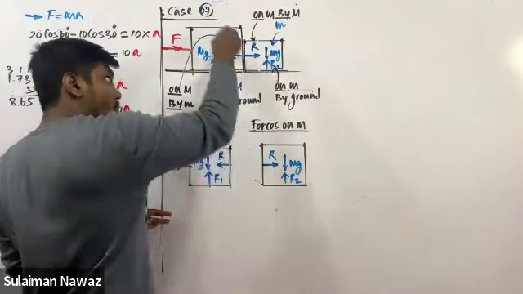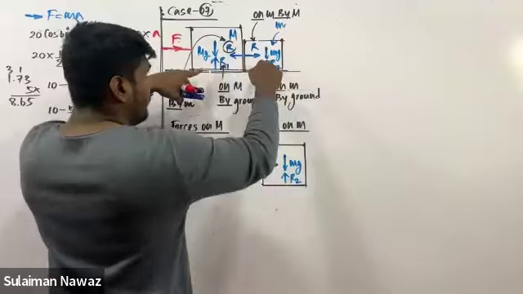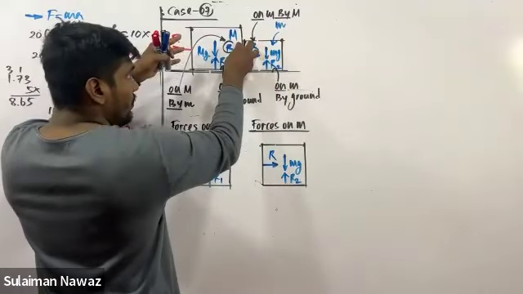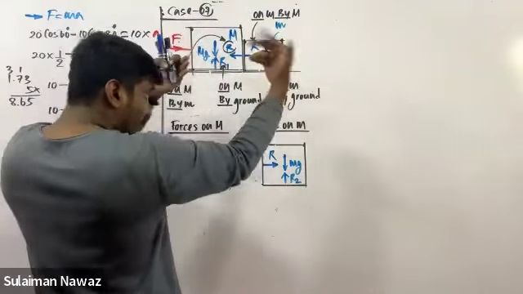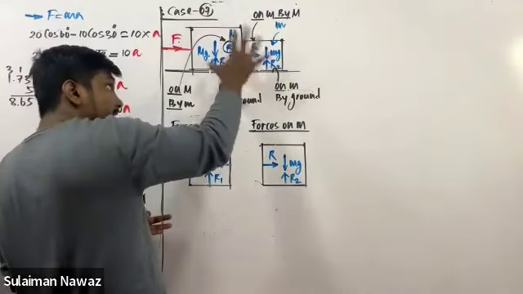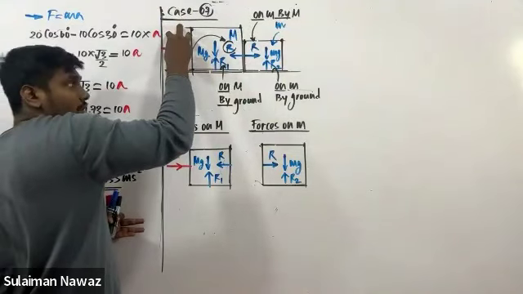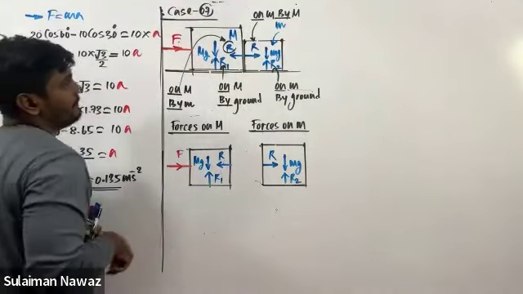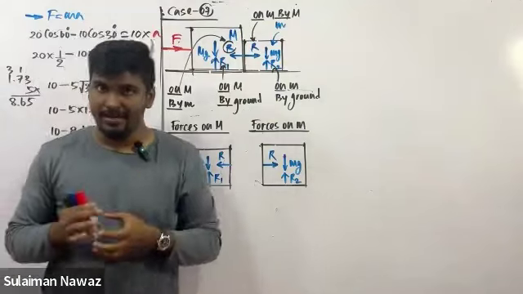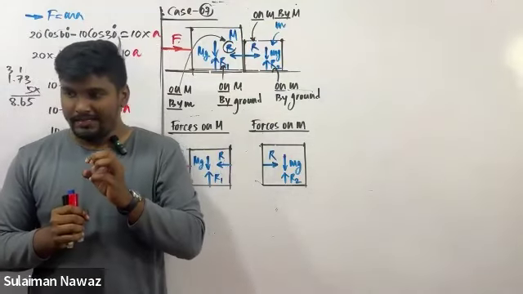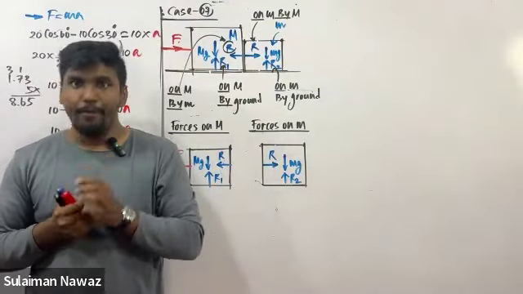They get cancelled out, the result is 0. Then for the entire system, there is only one horizontal force, that is capital F. That is the first important thing. Write it down in red color pen, important.